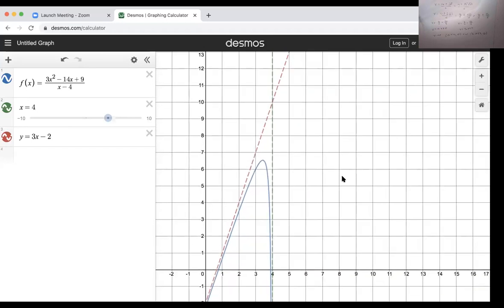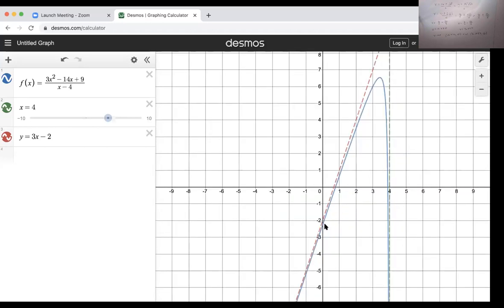So how about our intercepts? What did we say we had? Well, the y-intercept was 0, negative 9/4. So I'm going to go back to this place. Can I find 0, negative 9/4? Negative 2 1/4, negative 9/4. Feel pretty good about that. Now my x-intercepts were 0.770 and 3.897.